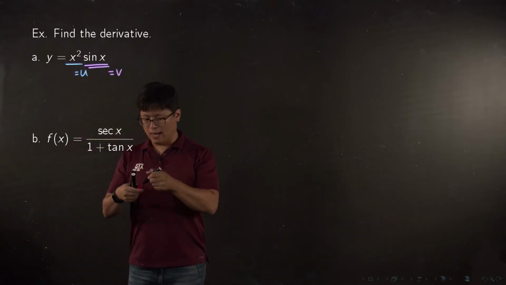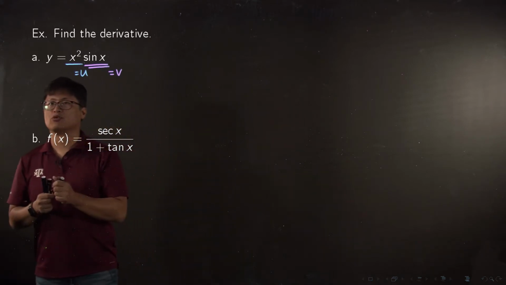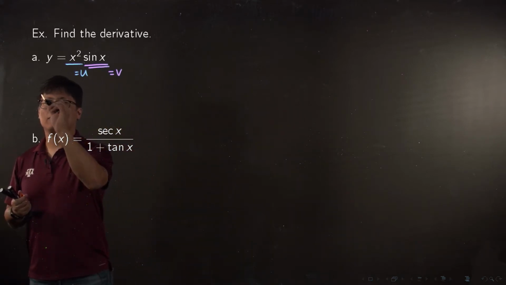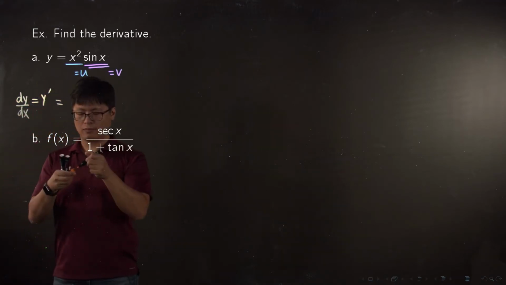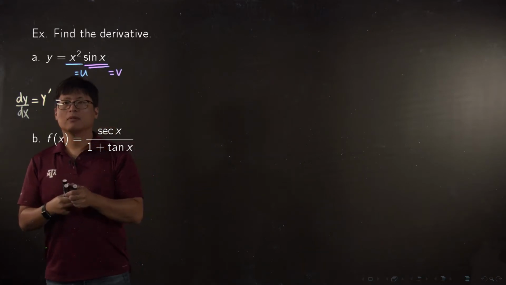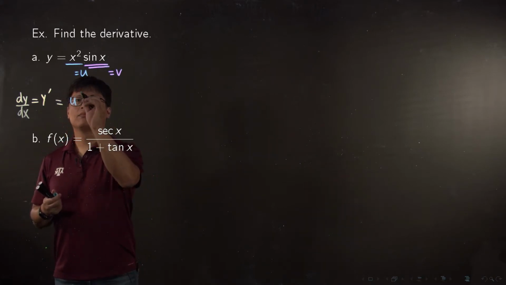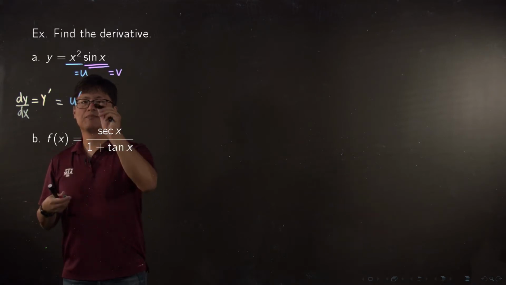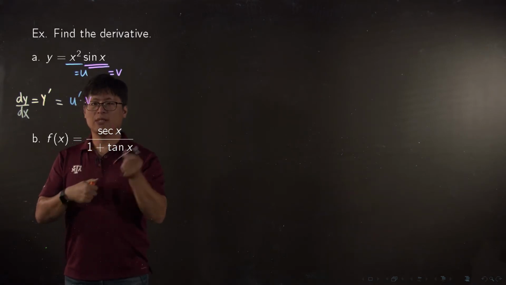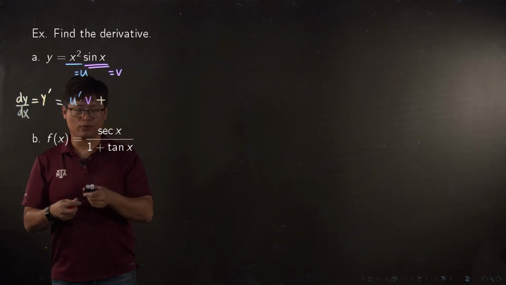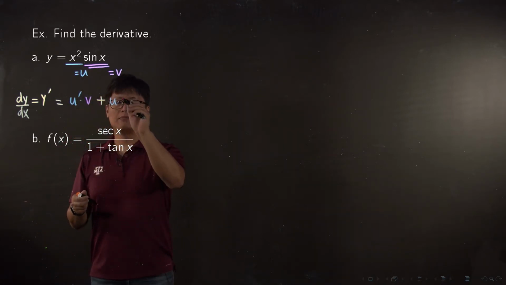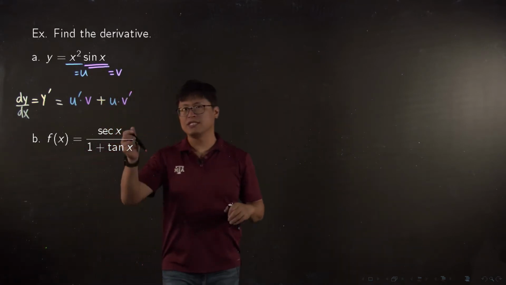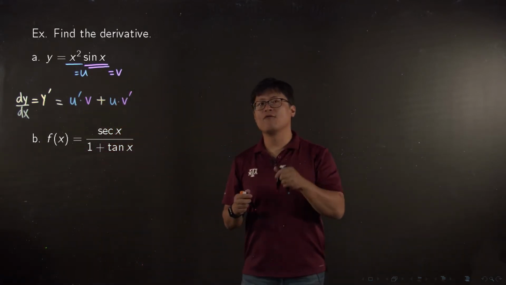By the 4-piece puzzle bracket, y prime, or in Leibniz form dy over dx, is equal to u prime times v, plus, because this is the product rule, u times v prime. That's it. This is my puzzle.